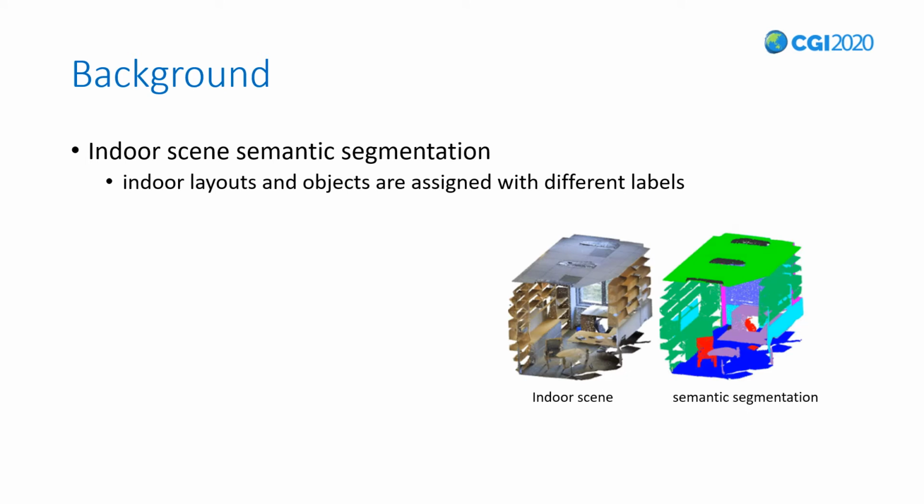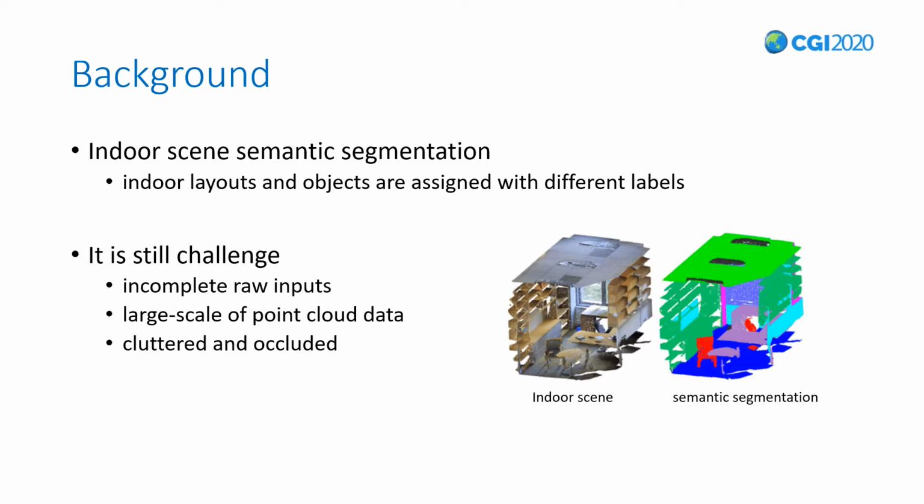It is also fundamental to indoor scene applications such as indoor navigation, robotics, and augmented reality. It is still challenging due to incomplete raw inputs, the scale of the point cloud data, and clutter that is always heavily occluded in real-world indoor environments.